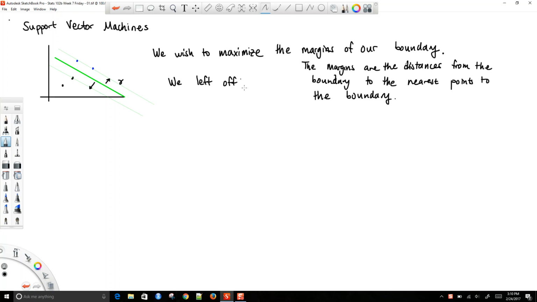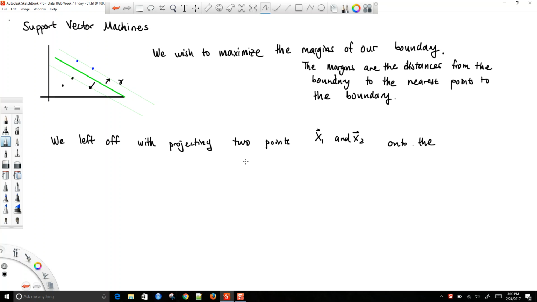And we left off on Wednesday after projecting two points, x1 and x2, onto the unit vector w over ||w||, the unit vector that is perpendicular to the boundary.